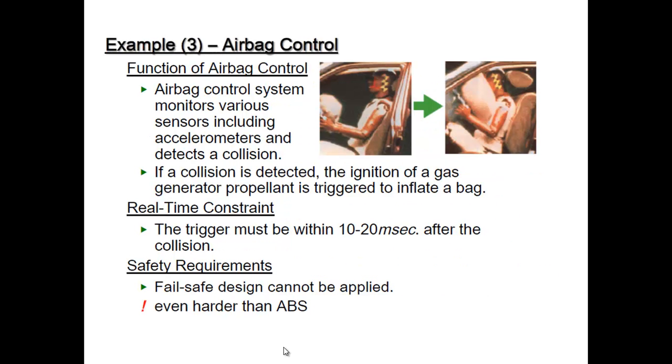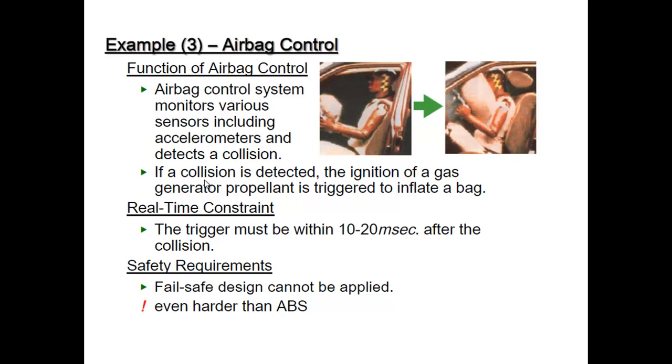Then comes the airbag control. The function of the airbag control is that whenever the car collides, to save the person, the airbag opens so that he is saved from colliding with the windshield. The airbag control system monitors various sensors including the accelerometer and detects a collision. If a collision is detected, the ignition of the gas generator propellant is triggered immediately to inflate the bag.